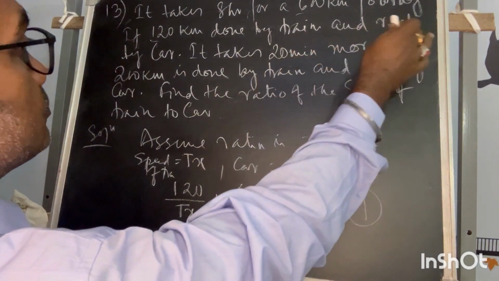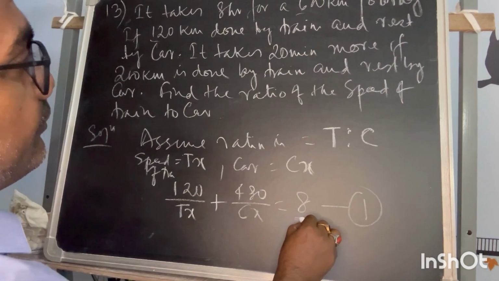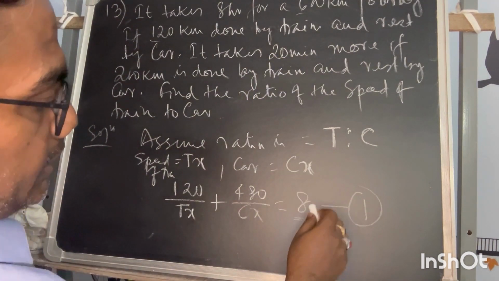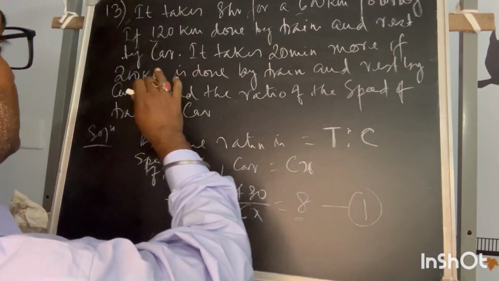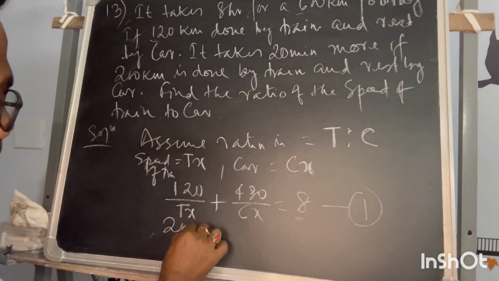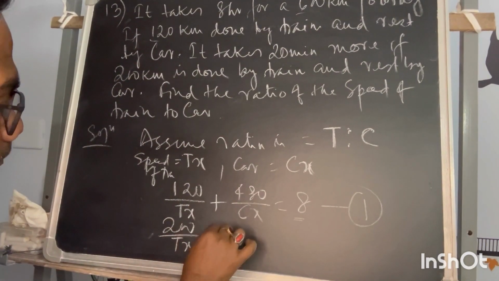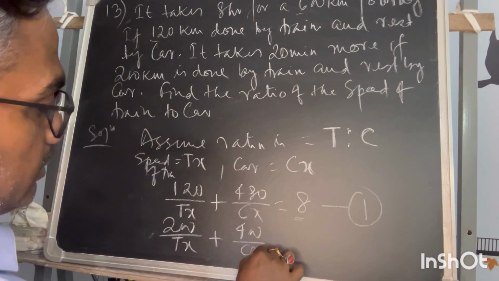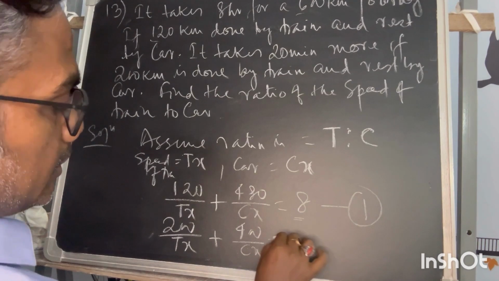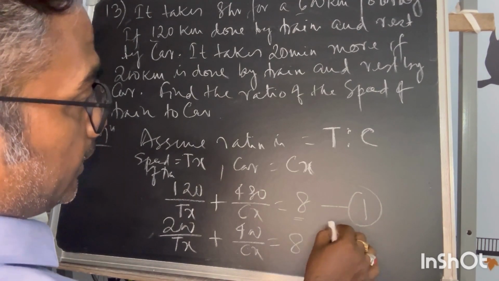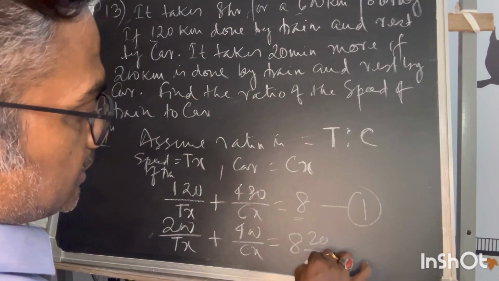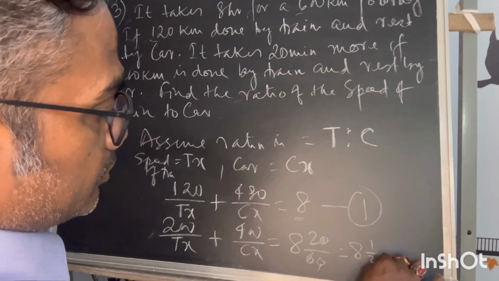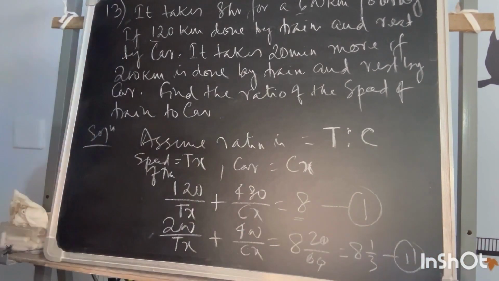If it takes 20 minutes more, that means 8 hours 20 minutes when 200 kilometers are done by train and the remaining 400 by car. 20 upon 60 is 1/3, so it equals 8 plus 1/3. This is the second equation.